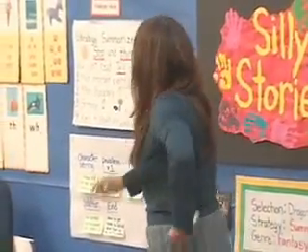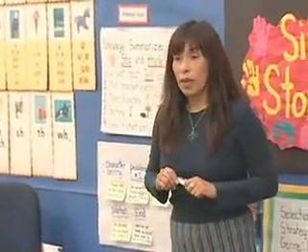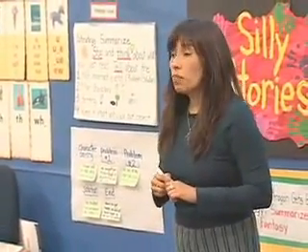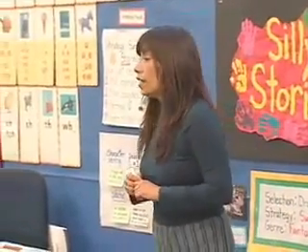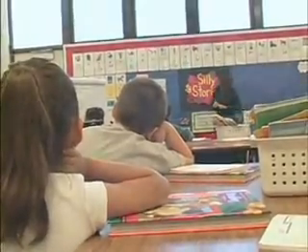Okay? So I know those are the two important characters that I'm going to have to include in my summary. I'm also going to have to include the most important event. What happened? Well, I know what was important is that she got a special gift from her granddaddy, and it was a pig. Okay? So I'm going to try to make that short.